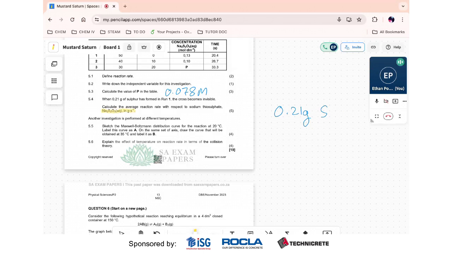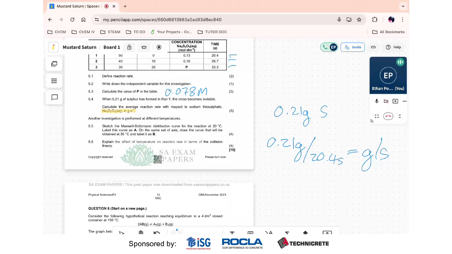If we were to calculate the reaction rate with respect to our product, they've already given us enough information to just say 0.21 grams of sulfur, and then the time given for, let's say, run 1, 20.4 seconds, and that'll give us a rate in grams per second. And then you can just do it for all 3 runs and get the average.